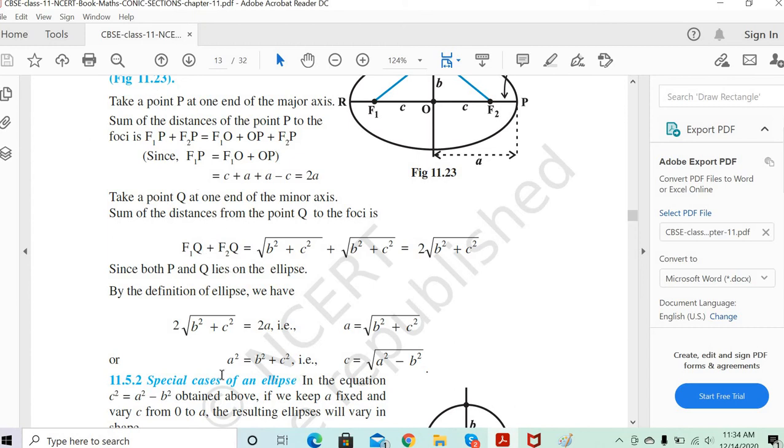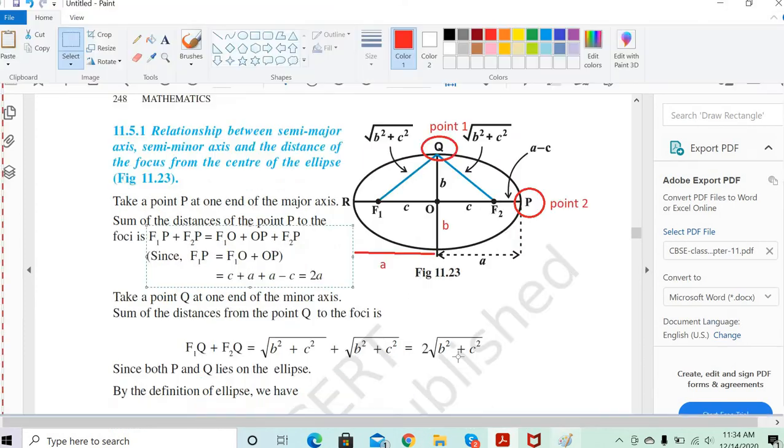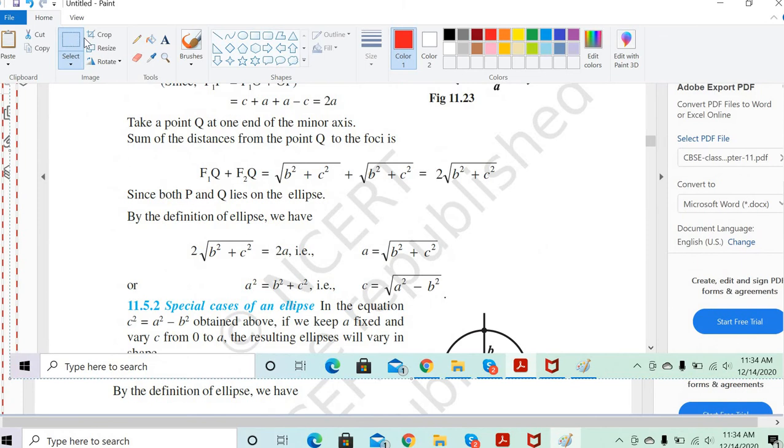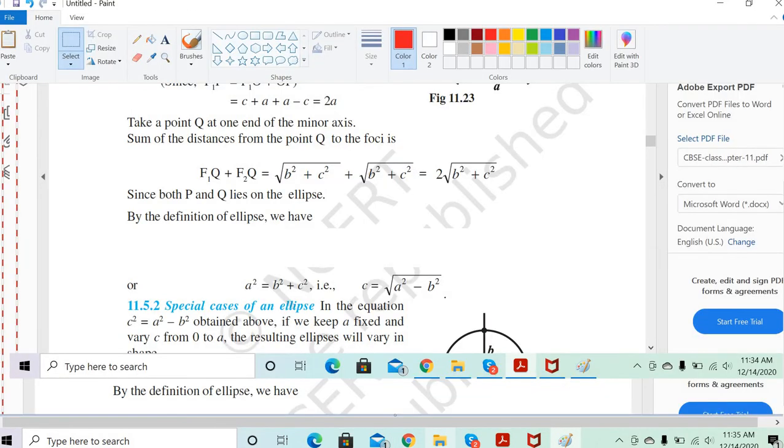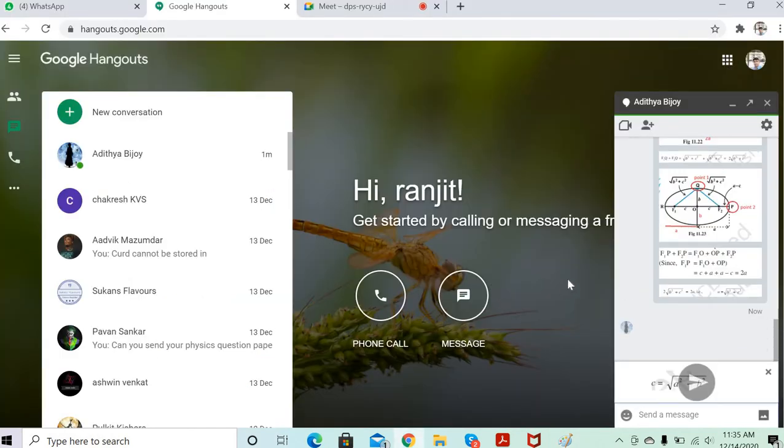So 2 root B square plus C square equals 2A. Correct. Excellent. So basically you will get it when you equate it. The relation between A, B and C you got is C will be equal to the square root of a square minus b square, or a square is equal to b square plus c square.